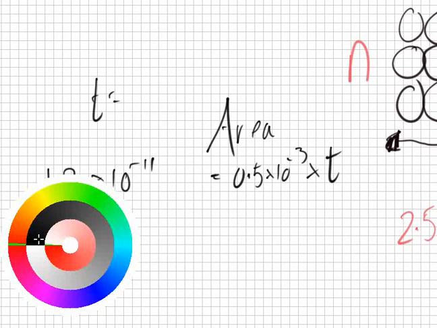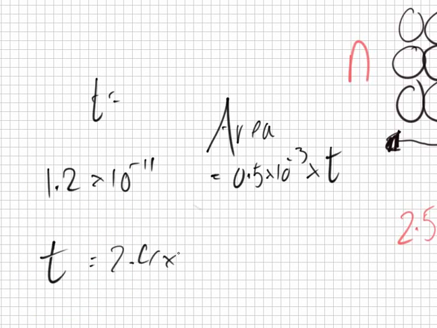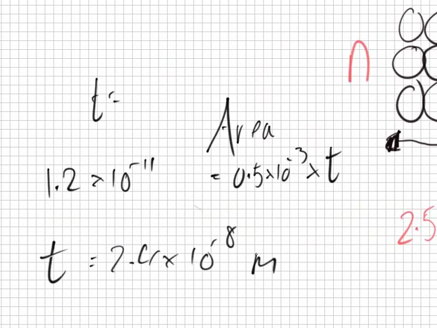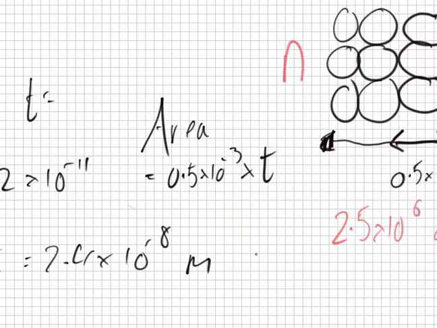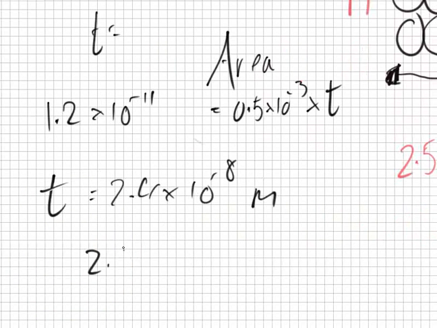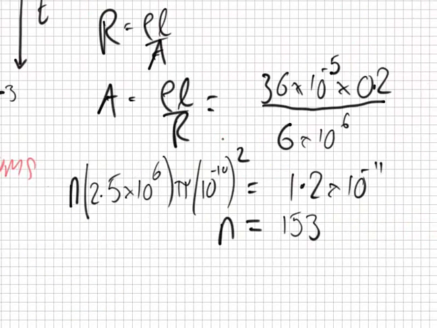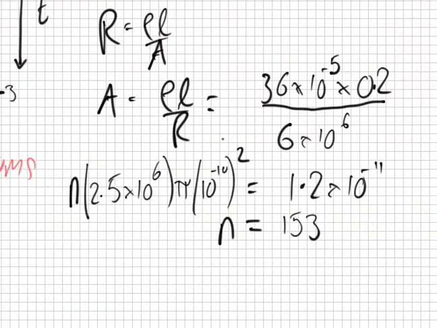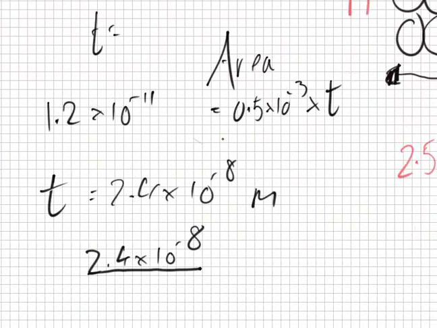So can you take that number, please, and then divide it by this number, and we should get the T. Because the area here would equal 0.5 times 10 to the minus 3 times T. So take the area, which was 1.2 times 10 to the minus 11, and then divide it by 0.5 times 10 to the minus 3. 2.4 times 10 to the minus 8.